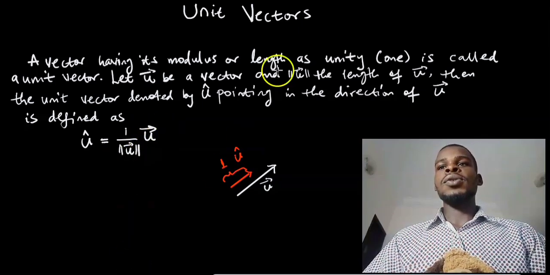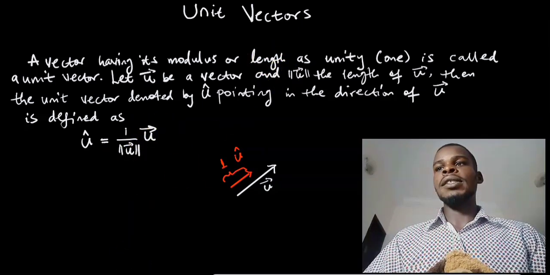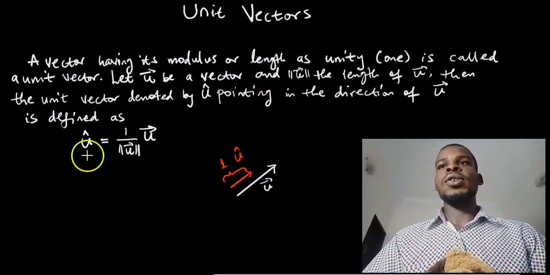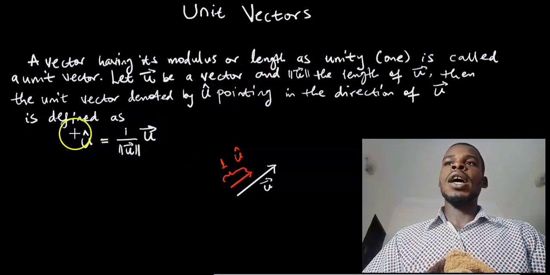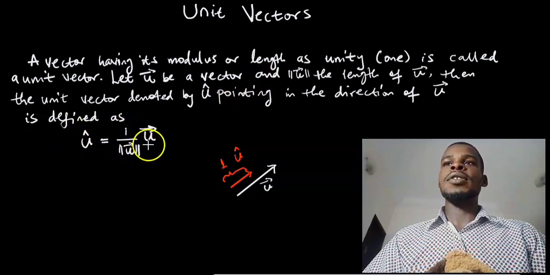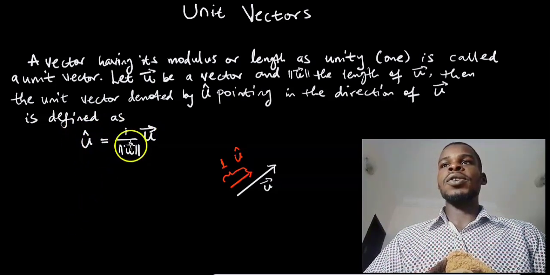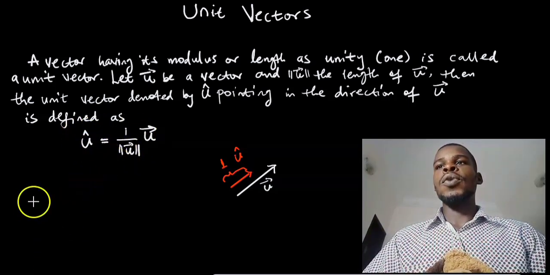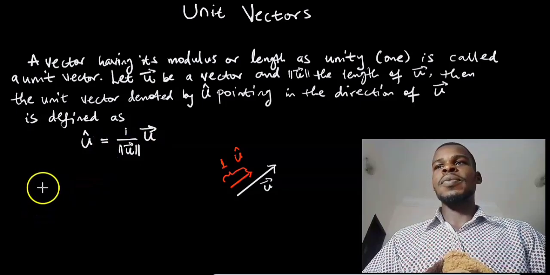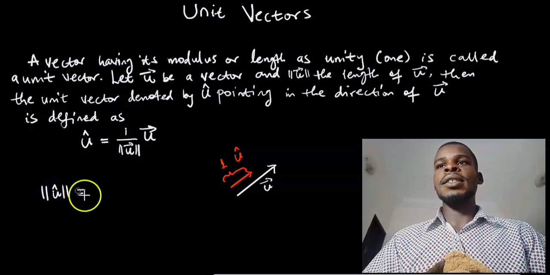Now, going back to this definition, we said that the length of a unit vector is 1. How am I sure from this definition that the length of this vector u hat is going to be 1? Well, you could just think about it in your mind. If you want to find the length of this unit vector u hat, you just look at it.